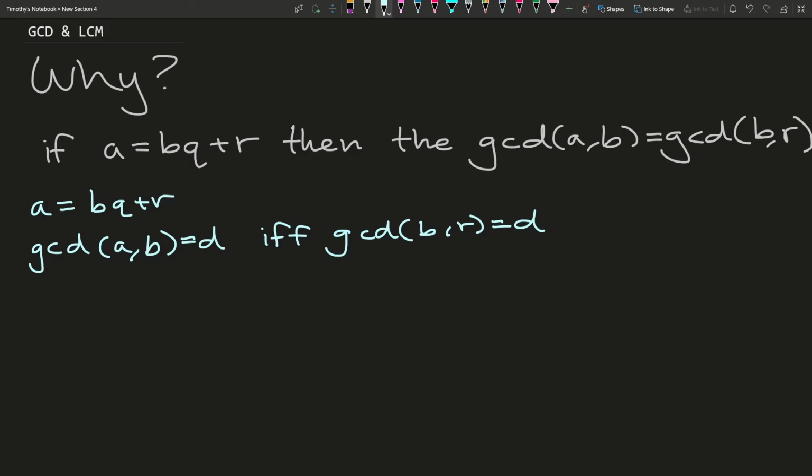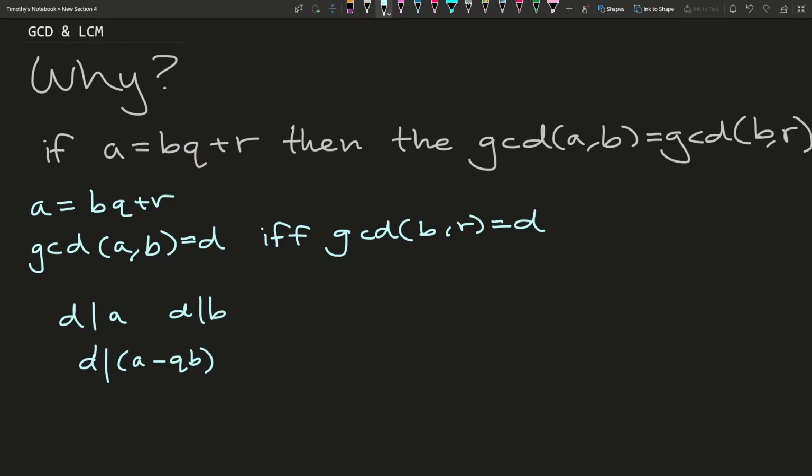So what we're basically saying is D divides A and D divides B. Well, if D divides A and D divides B, what we can say is that D divides A minus Q times B.